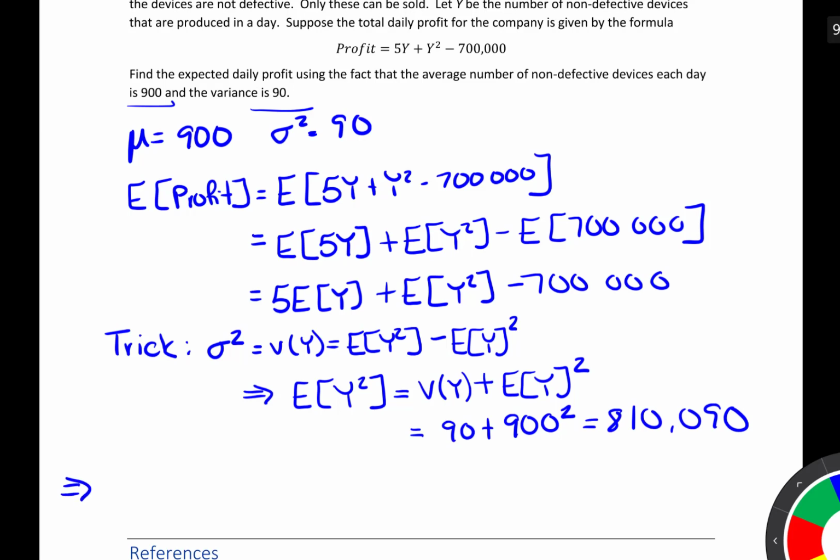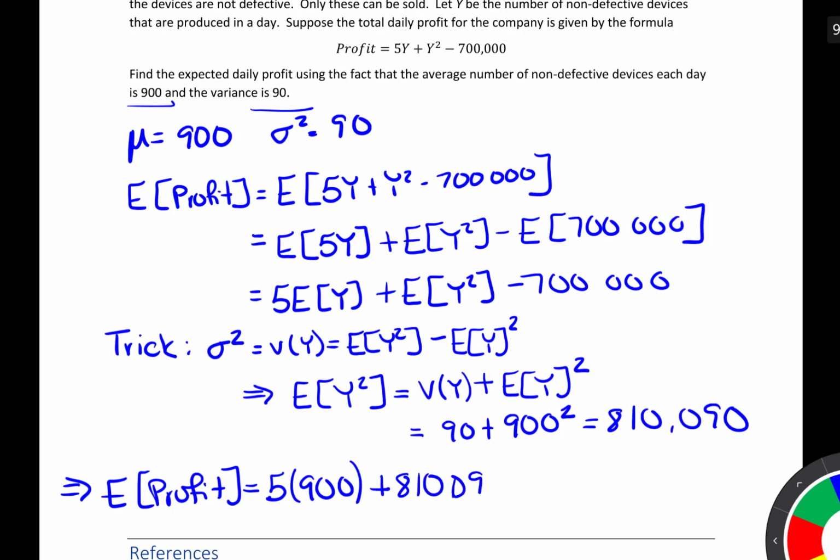So therefore, substituting in, we have the expected profit is equal to 5 times 900, or 5 times the expected value of Y, plus 810,090, minus 700,000.